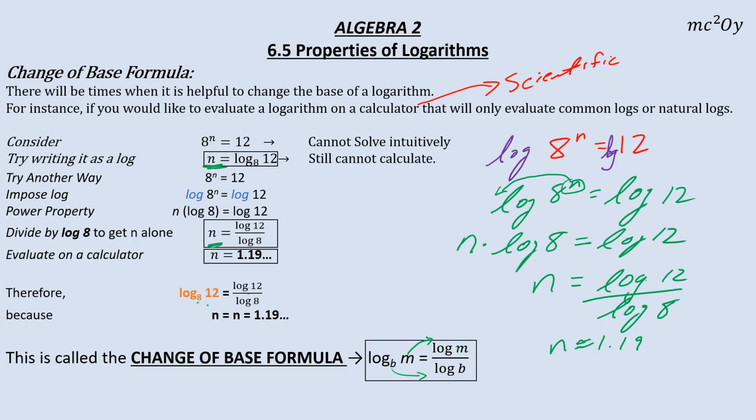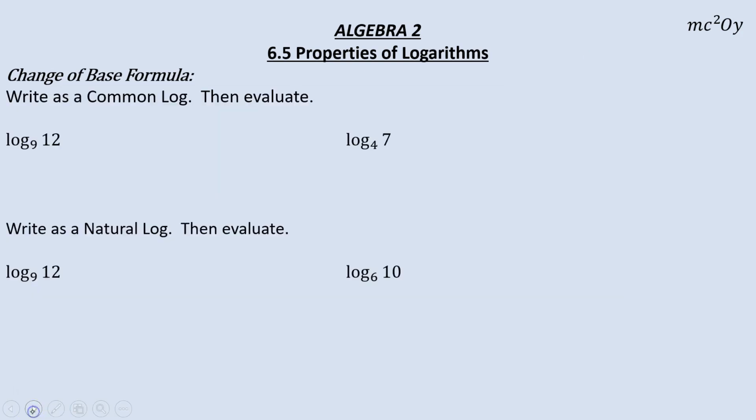You can actually change it to any base you want. You could put C here because it could be any base. Usually we go to base 10 or base e, the natural log, but it could be any base. Let's write this as a common log and then evaluate it. Remember, the common log means base 10.